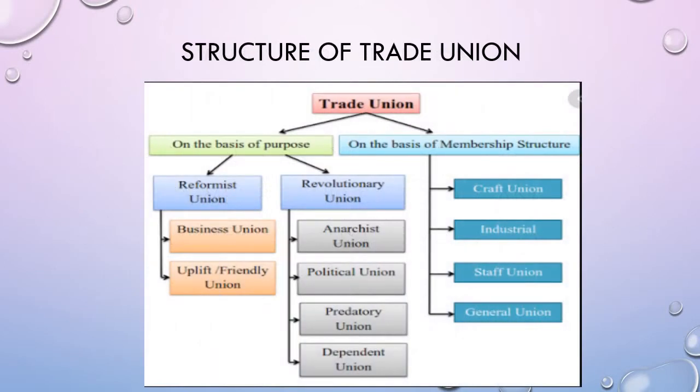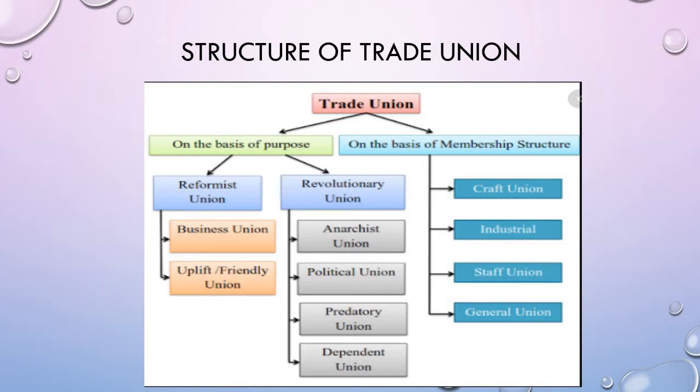The structure of trade union refers to the basis on which unions are organized. That is, whether they are organized on craft, staff, industrial or general union basis, and to the pattern whereby the plant unions are linked to regional level or national level federation.